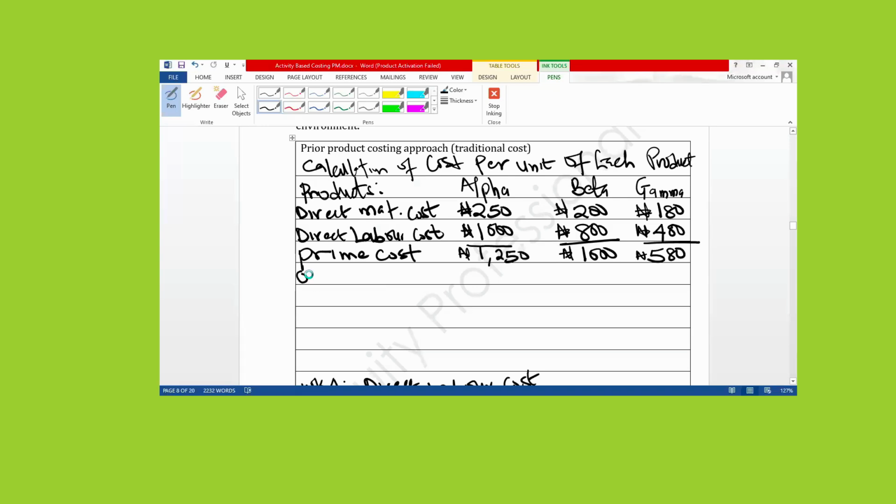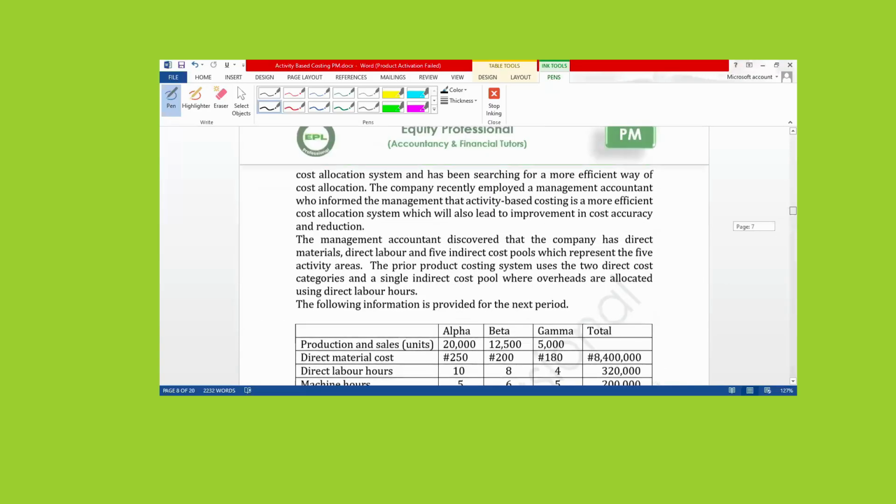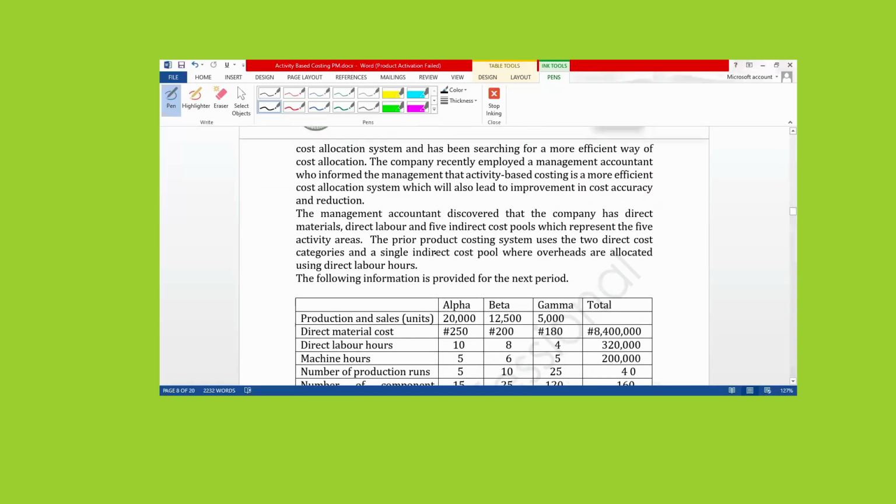We now have overhead cost. Overhead cost. That is the indirect cost. Examiner says, look at it, the prior product costing: use the 2 direct cost categories and a single indirect cost pool where overhead are allocated using direct labor hours.